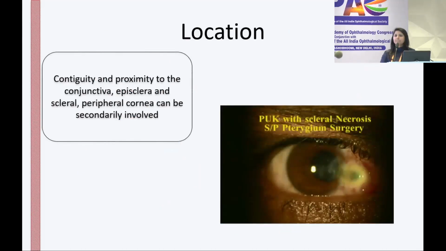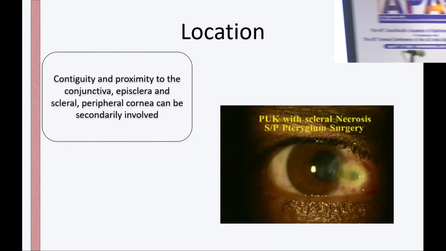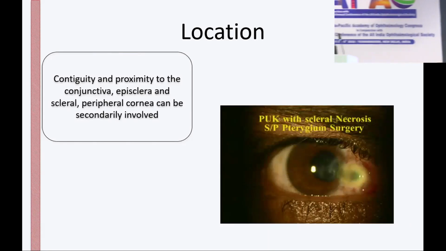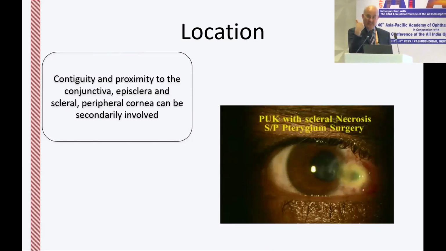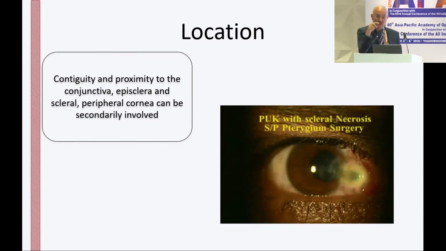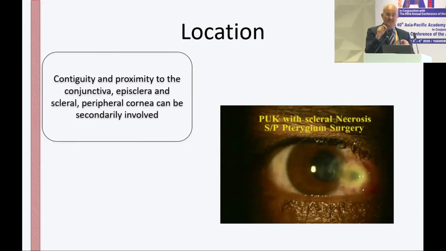See, this is a picture I also showed you. When you do pterygium surgery, there are three kinds of problems that can happen. One is something called SINS, surgically induced necrotizing scleritis. I will show you that in my presentation. Then this picture is typical of an ischemic necrosis, and this probably is due to excessive cautery or a healing problem.